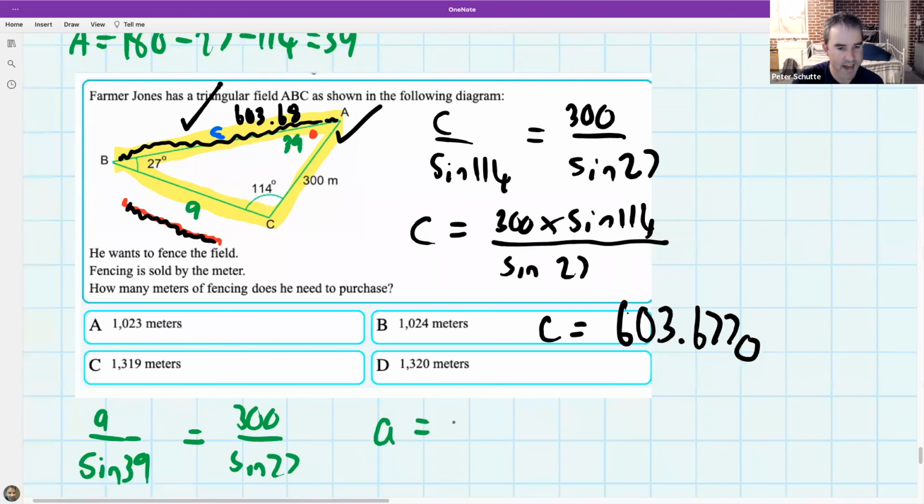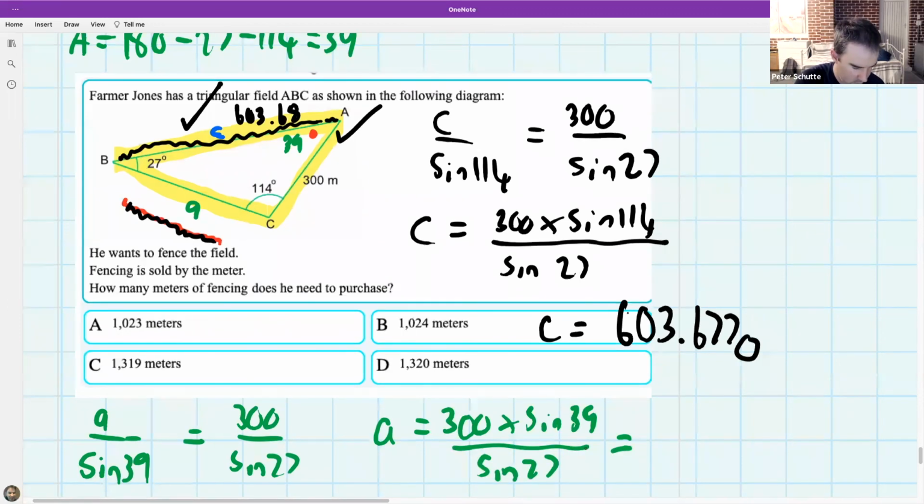And so we get A is equal to 300 times the sine of 39 over the sine of 27. What do we get for A? So we should get 415.86.